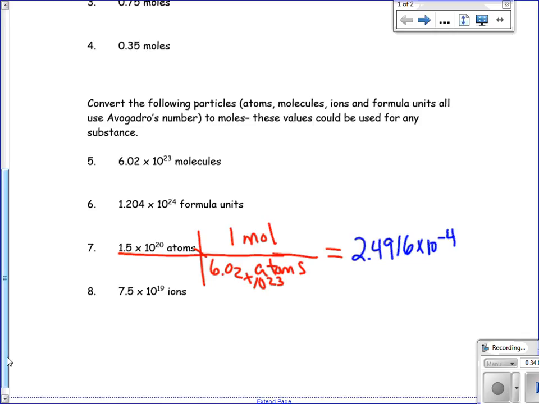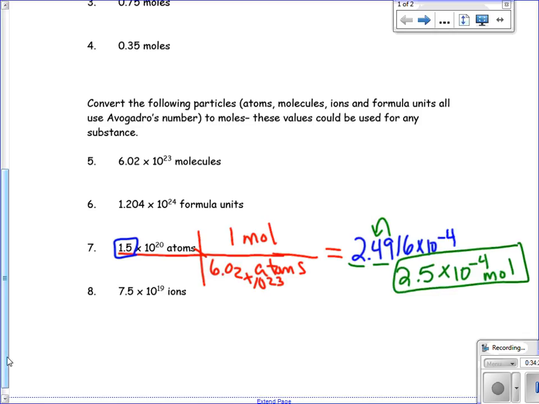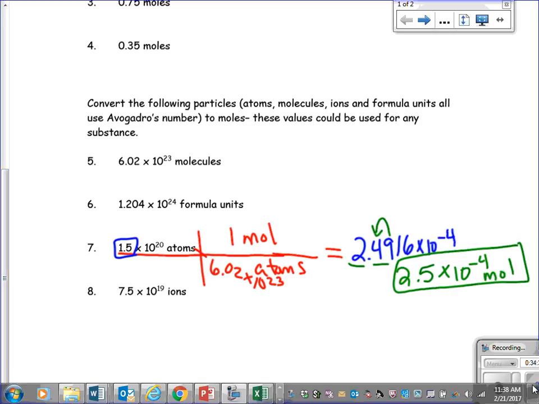Look, there's only 2 digits over here to begin with. So I'm going to keep the 2. Do I round up the 4? Round that up, good. 2.5 times 10 to the minus 4. In this case, it's going to be moles of something. It didn't tell me what the substance was. Now, I'm going to show you once again how to punch these into the calculator real quick.